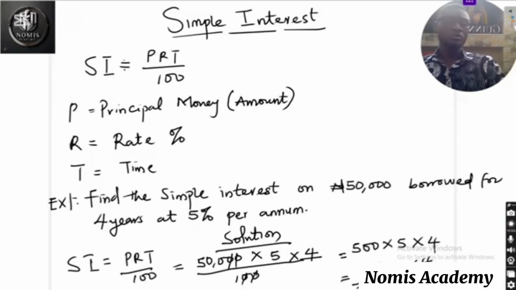So this is the interest at 5% for 4 years on 50,000 naira. So this is a simple interest to calculate.